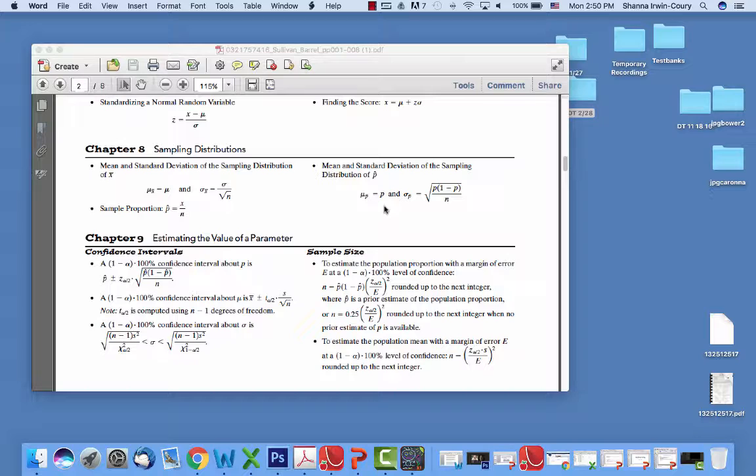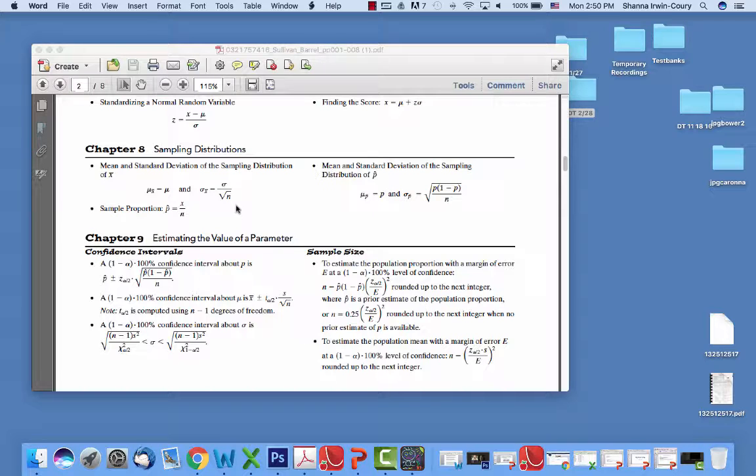The expected mean is the mean of the population. Your expected proportion is the proportion of the population. For the standard deviation of a sampling distribution, if you're talking about where the sample is in a distribution instead of a person, you take the standard deviation of the population and divide by the square root of the sample size.